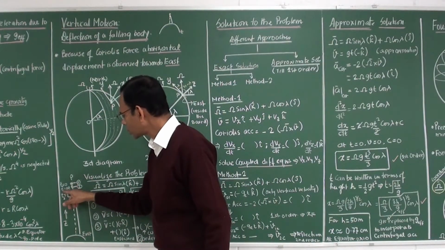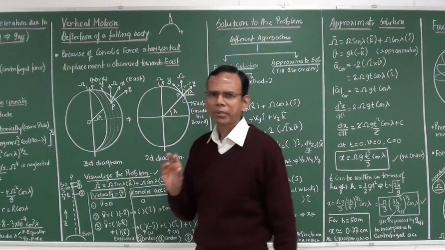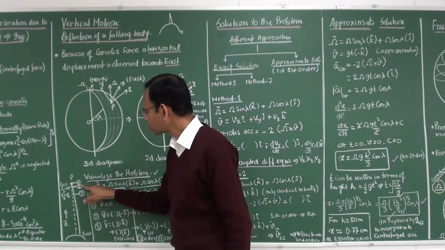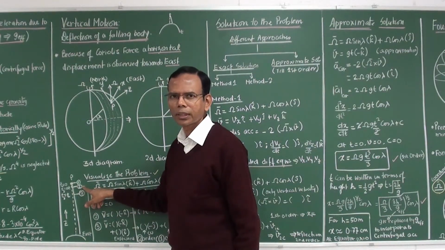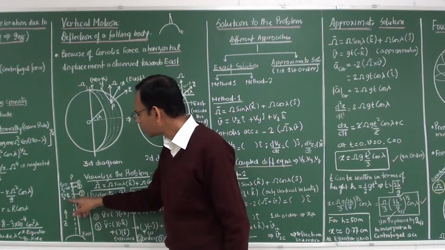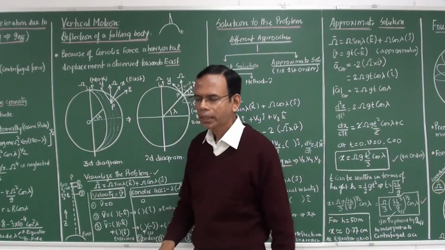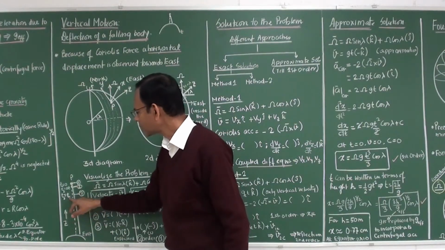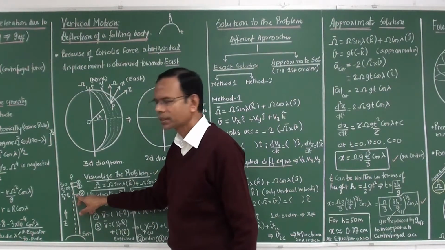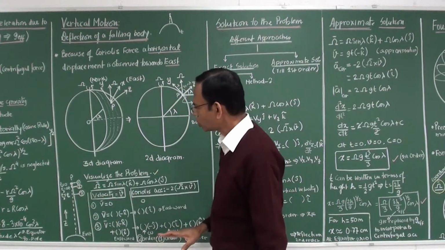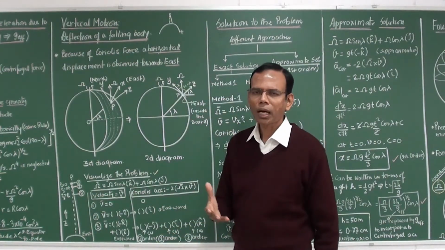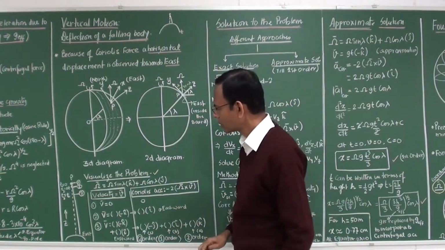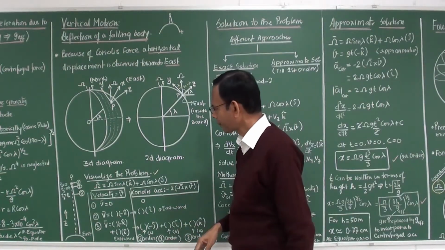Number 2 is t2, just after time delta t. Third is t3, just after some more time, that is t. So now let us try to see how the things are evolving and the physics behind it.